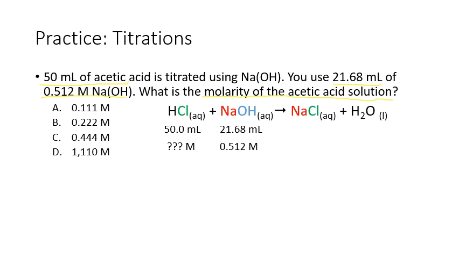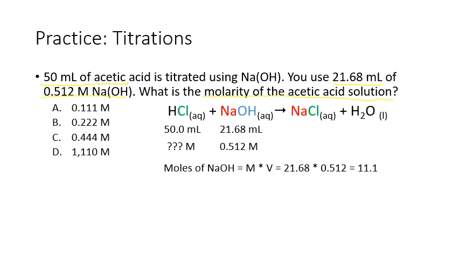So the first thing we've got to do is figure out how many moles there were of the base. We know that we had 0.512 moles of a sample per liter, and we have 21.68 milliliters of that sample. So if we multiply the volume times the concentration, or the 21.68 times the 0.512, we'll end up with how many moles were there.